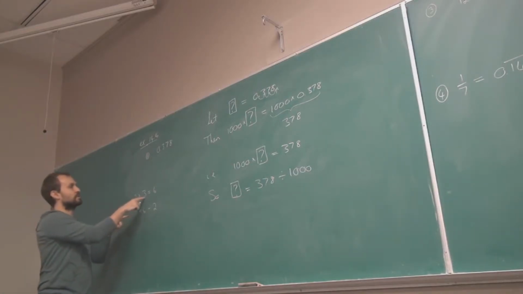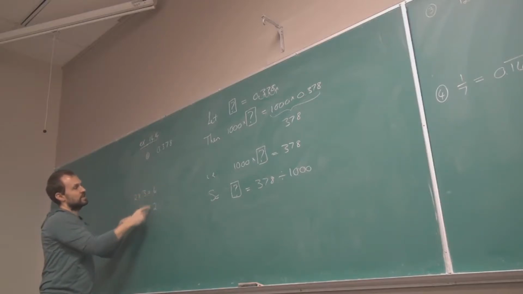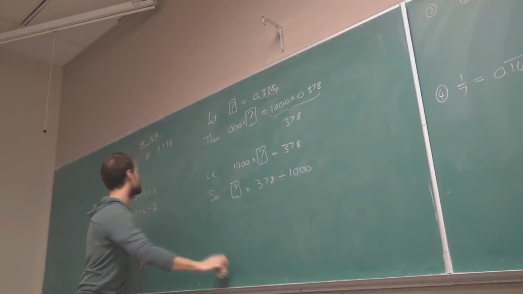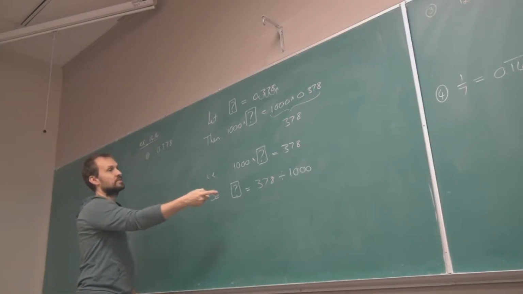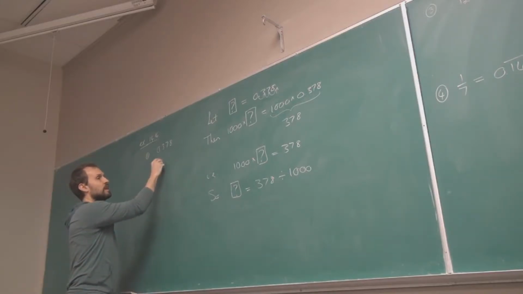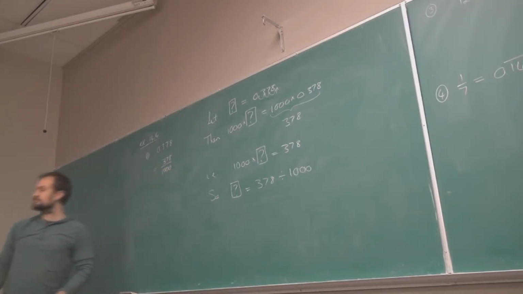Think about where I put things. This one is now alone on the left. This one goes to the other side with a division. So any multiplication sentence can be written as a division sentence. Now division is just another way of writing a fraction.